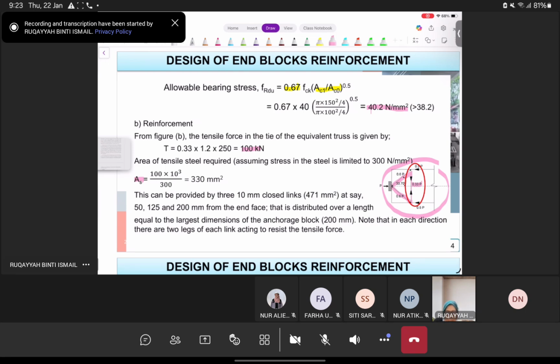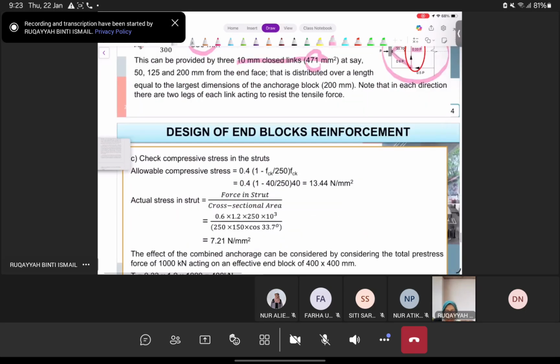This can be provided by 3 10 mm closed link. You design whichever is suitable, as long as your design is more than your applied. Then for every position along the length of the beam, you will do the same thing. You calculate.